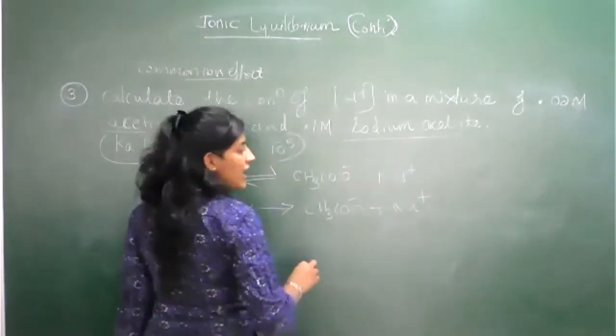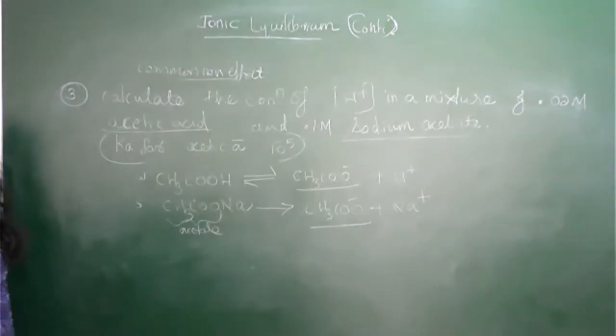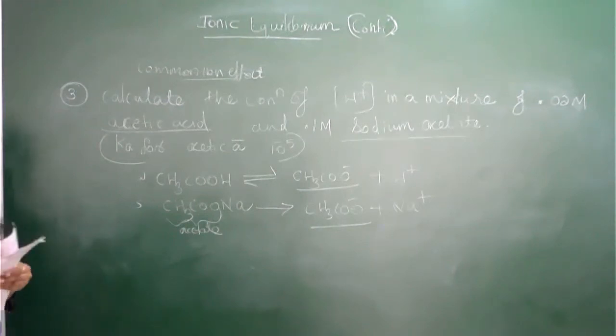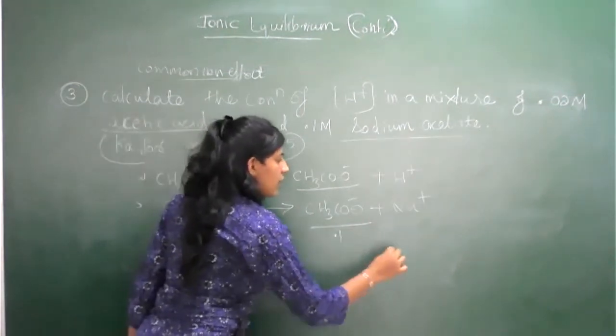Okay, students. So here also you can see a common ion, CH3COO minus. So write down the equation in the same manner as we did last time, and then find out H plus. Tell me the answer. Acetate is 0.1 molar, here 0.1 molar, here also 0.1.